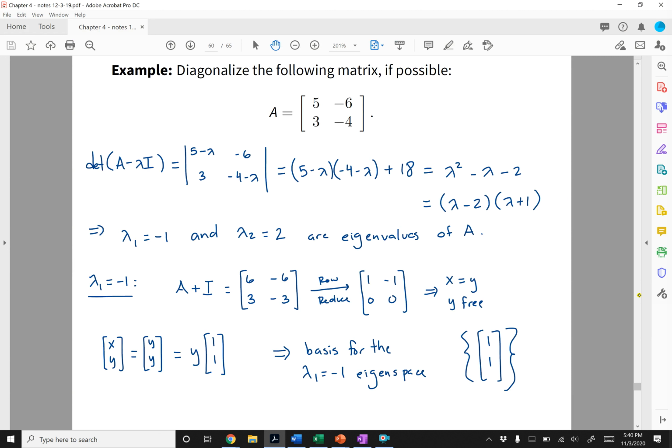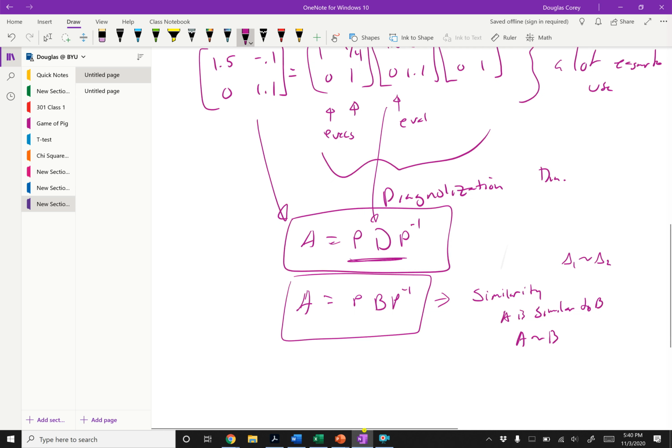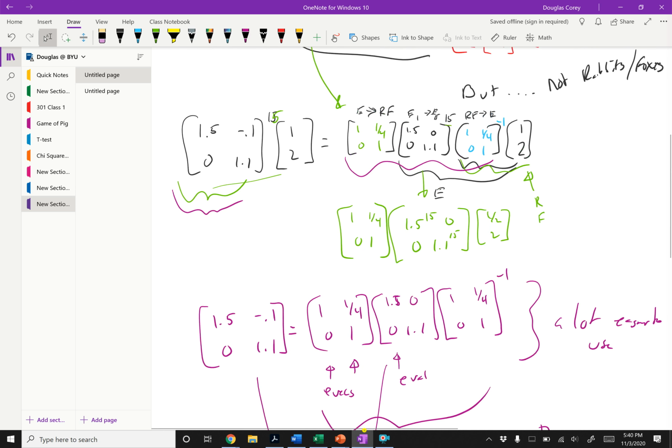Let's talk about how we're going to diagonalize the following matrix, because this follows what we did back here with this one. How did we do it? Well, we need to define eigenvalues, and we need to define eigenvectors, and we use those in a special way to diagonalize. So that's where we're going to start.